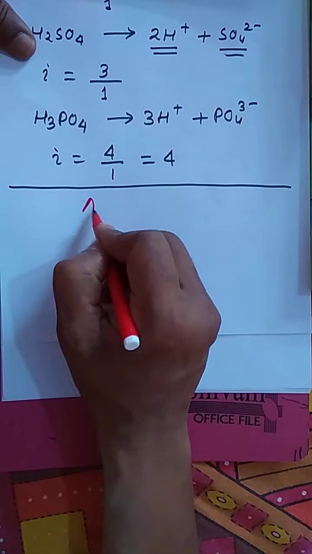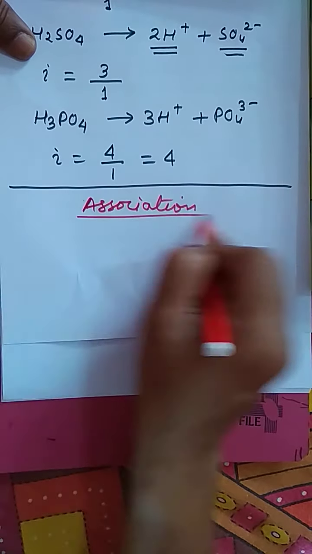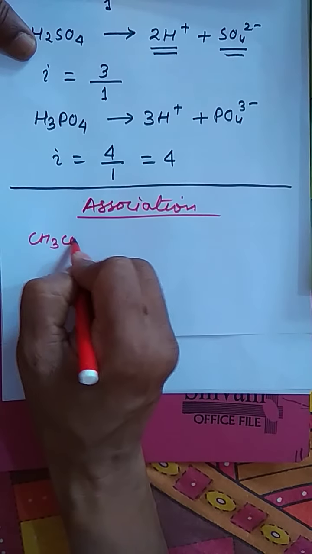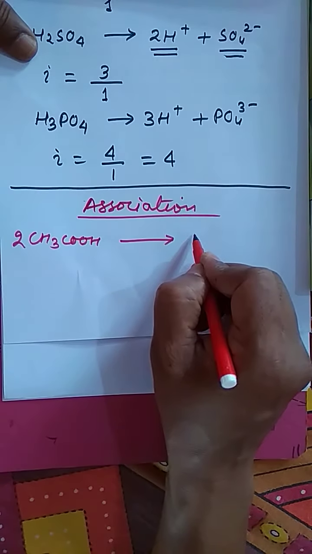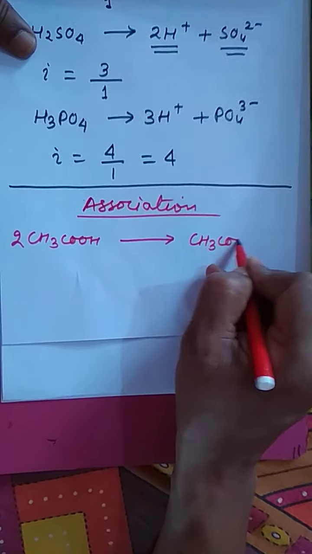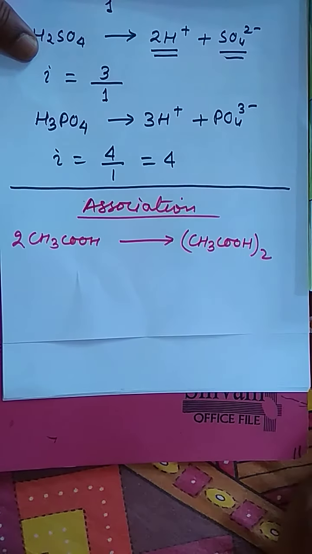Suppose in case of association, CH3COOH twice, 2 molecules combine together to form a dimer of acetic acid.